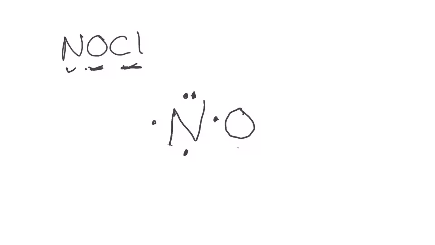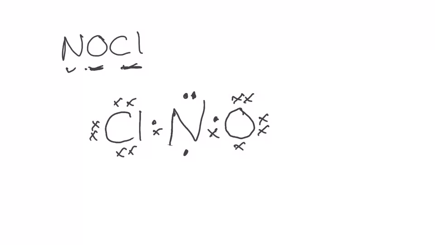So I'm going to bond this one first. So oxygen bonds here, that's a single bond. And I'm going to use X's this time to represent the oxygen electrons. So 1, 2, 3, 4, 5, 6 electrons. And then chlorine I'm going to put here, but you could have put it down here also. 1, 2, 3, 4, 5, 6, 7 electrons.